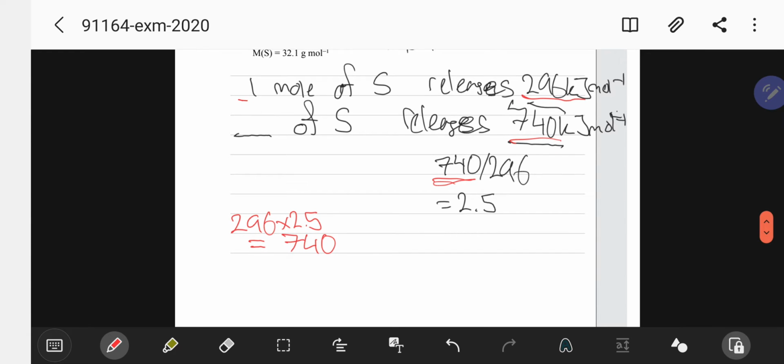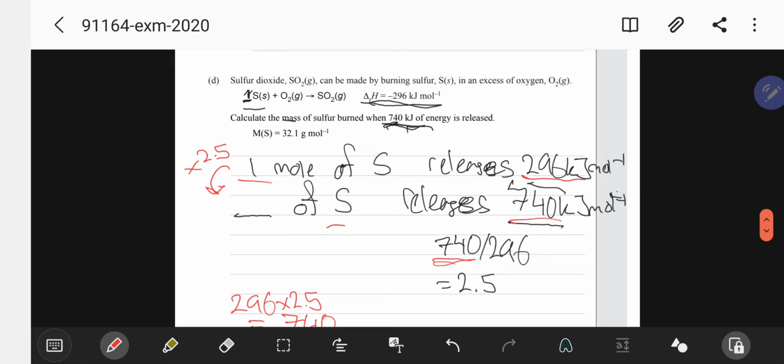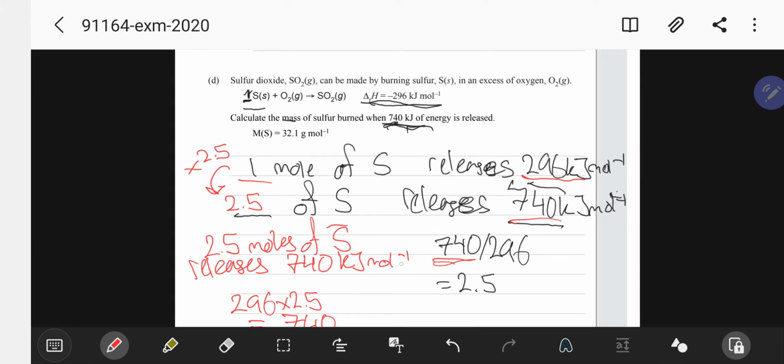So if we multiply this mole by 2.5, we get how many moles of sulfur release this much energy. So 1 times 2.5 equals 2.5. That means 2.5 moles of sulfur releases 740 kilojoules of energy.